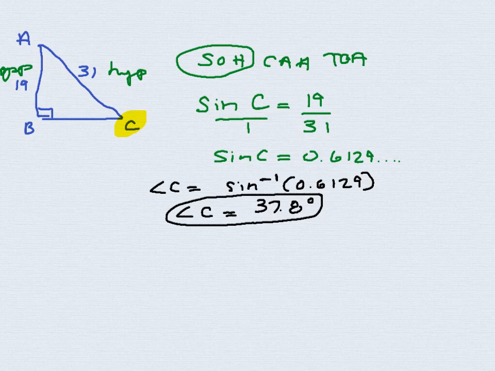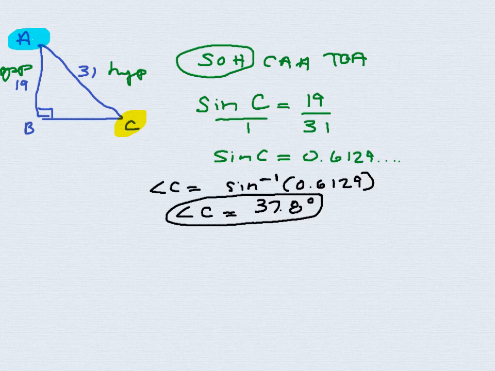To find the other angle, angle A, you could cheat, and if angle C is absolutely correct, you could subtract that from 90 and get angle A. I am not going to cheat. I'm going to relabel my triangle.